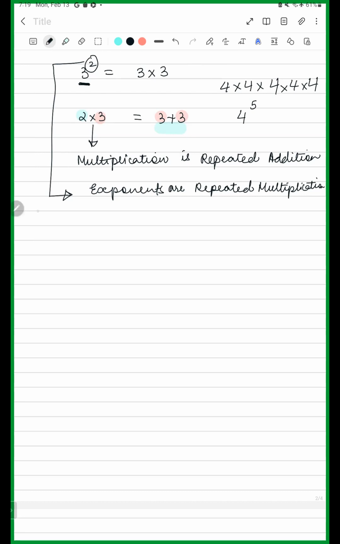Let's look at a few things over here. Tell me, Hiba, a cube b square and a square b cube, are they the same thing or different? What do you think? They are different.